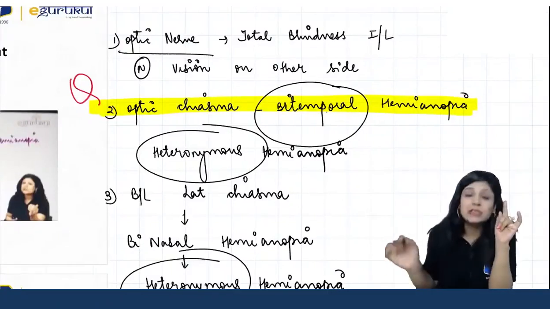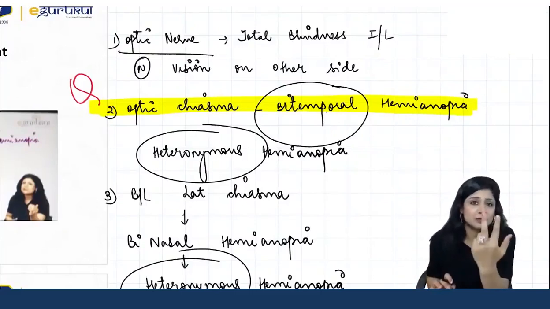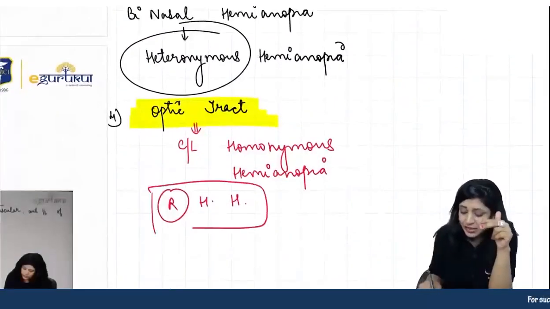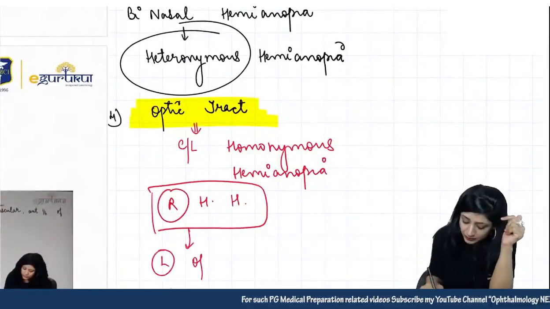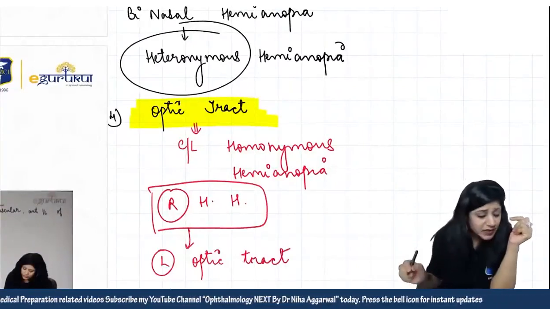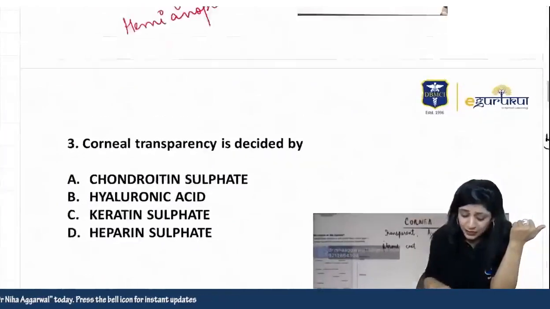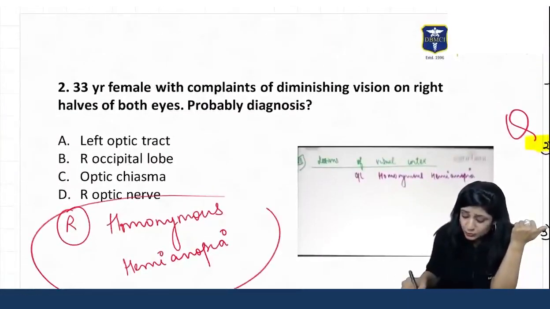If it was bitemporal, then the answer will be your optic chiasma, nasal fibers of both the sides. But if it was the hemianopia, then the answer will be the left optic tract. So please, you have to give me these inputs. Yes, it will be the left optic tract. According to this question, if I am having a right homonymous hemianopia, then the answer will be the left optic tract.